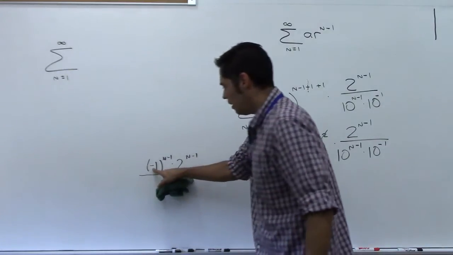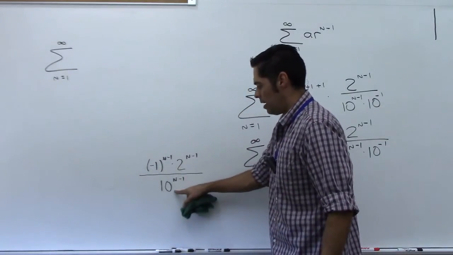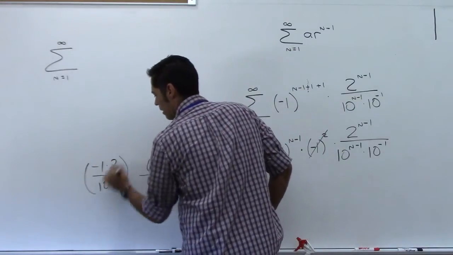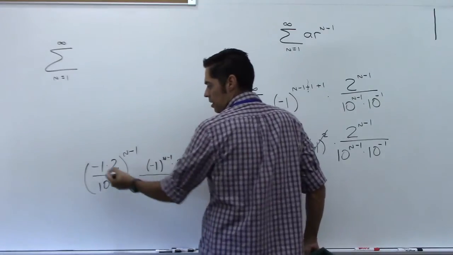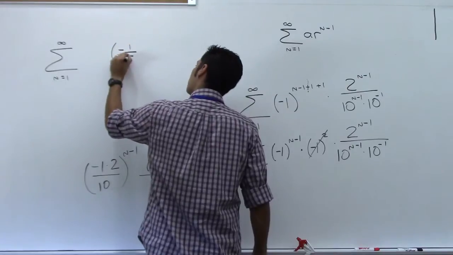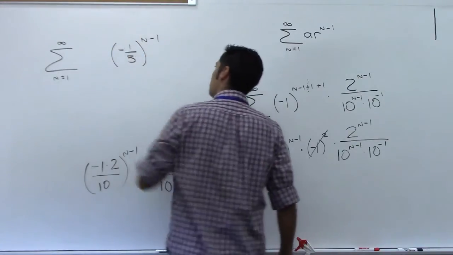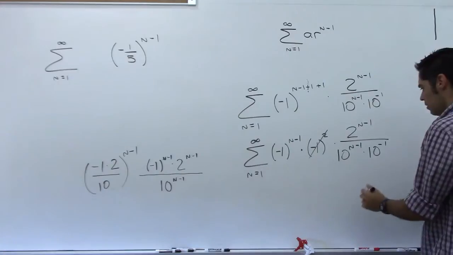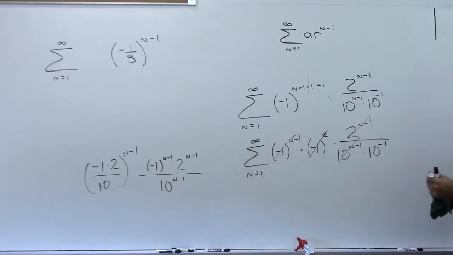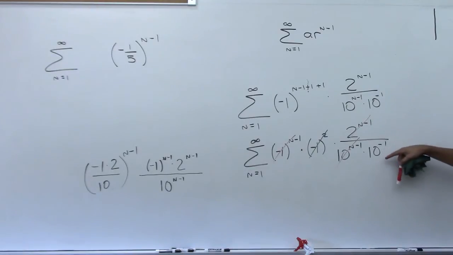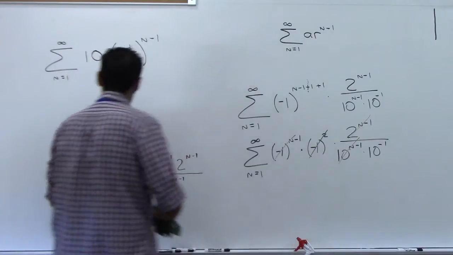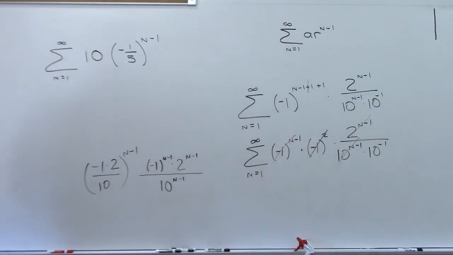So negative 1 times 2 over 10, all of that to the n minus 1, which is going to be negative 2 over 10, which is negative 1/5. Negative 1/5 to the n minus 1. And then, so I've taken care of this, this, and this. I still had a 10 to the negative 1, which I can move up as a 10. So I have a 10 sitting here on top, which I'll write like that. And that's it. We've got the form we need.